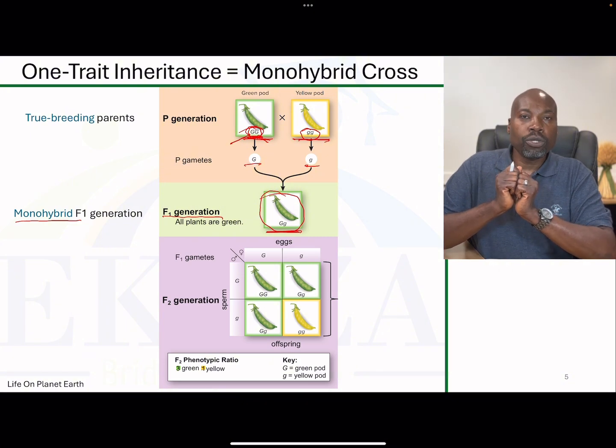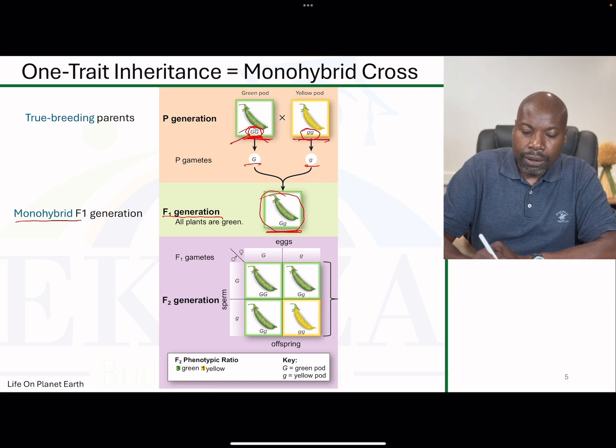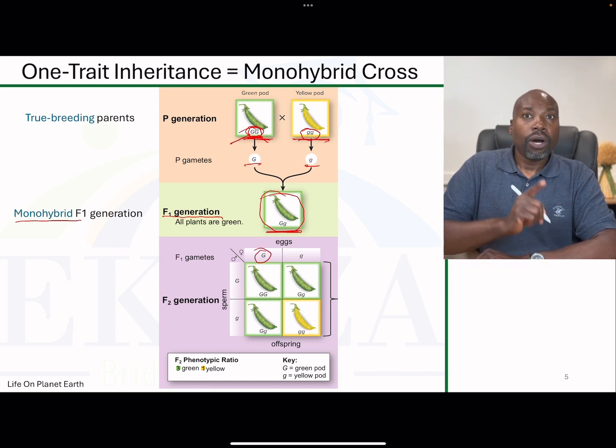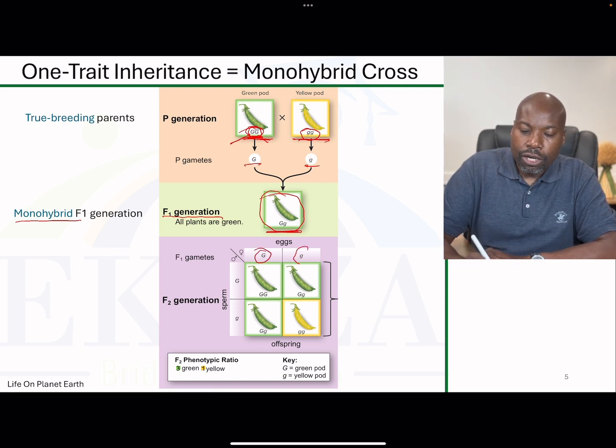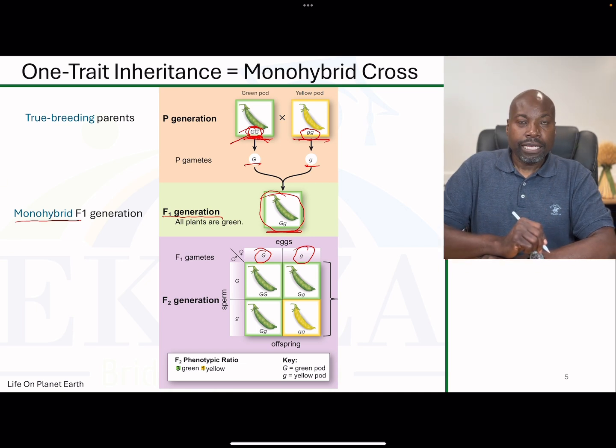Now, when crossing the monohybrids, the question is, what kind of gametes are they going to produce? Some gametes are going to carry capital G, other gametes are going to carry lowercase g, right?